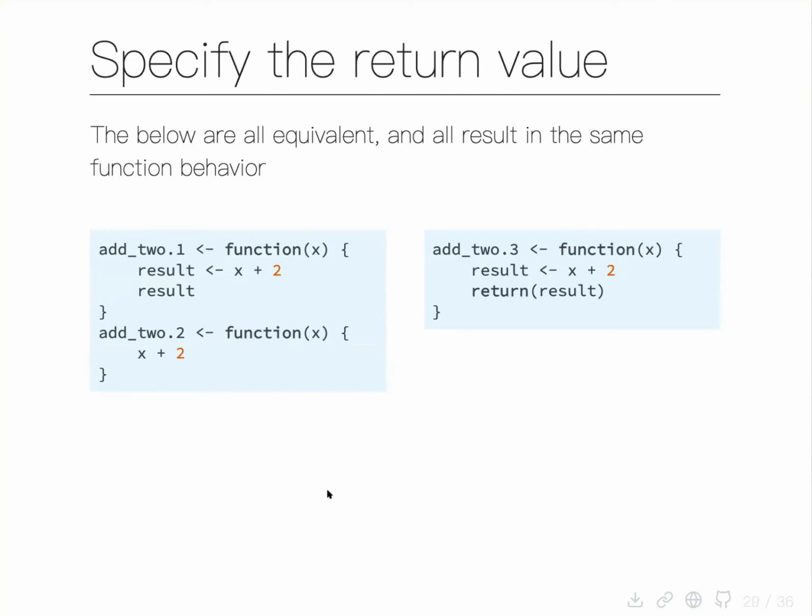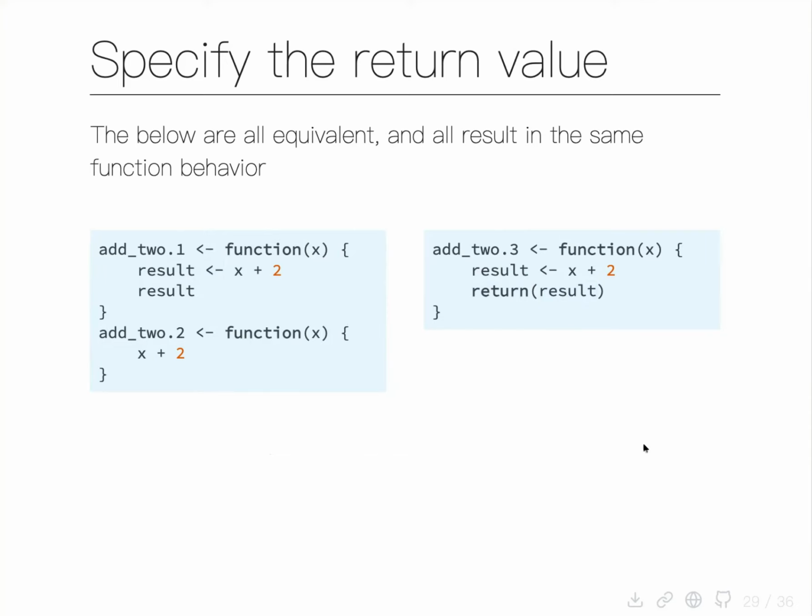All three of these are the exact same thing. Okay, they're all equivalent. Here we have the same function we had before, but now we're saying return result. Here we get rid of the whole assignment operator part and just say x plus 2. That's what we're going to return. And this last one is the most explicit. We're creating an object called result, and then we're saying return result.